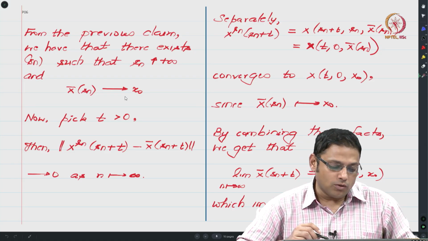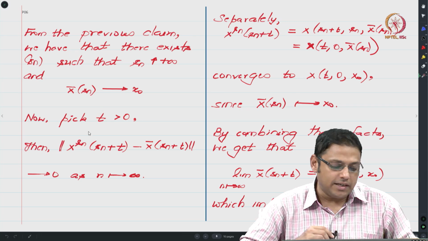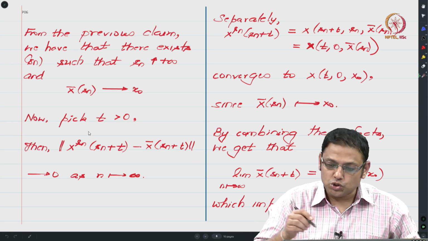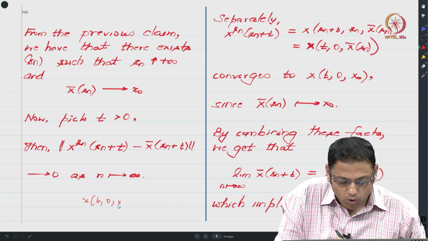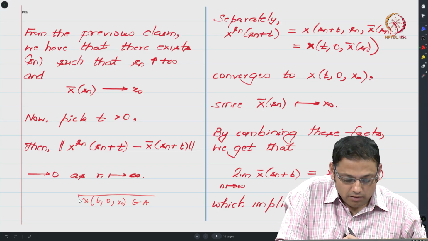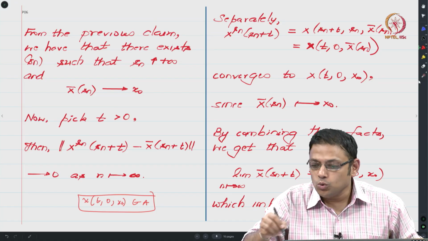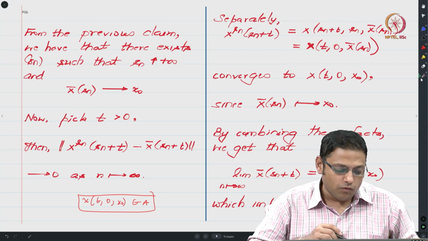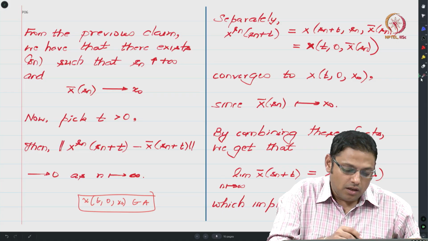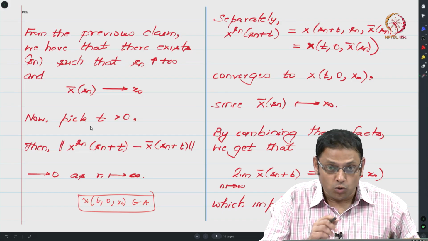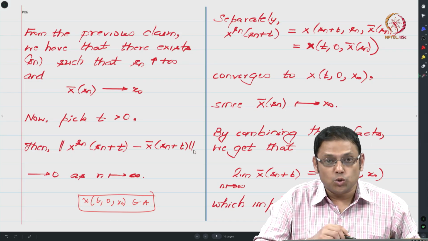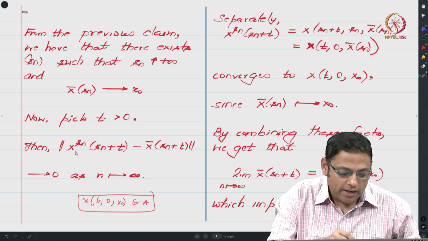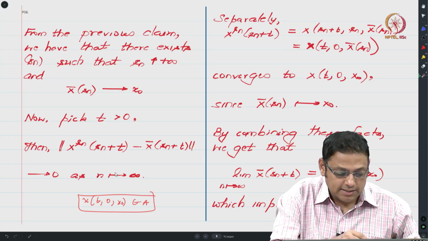Now we are going to pick an arbitrary t, and show that x of t with initial condition x naught belongs to A. Towards showing this, since this t is frozen, we are going to appeal to that technical lemma to conclude that this must be true as Sn goes to infinity. So let us see what this says.